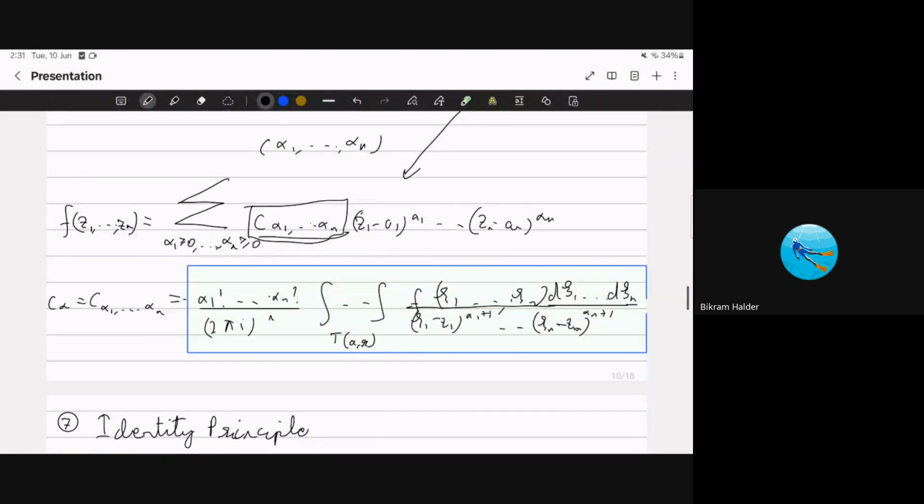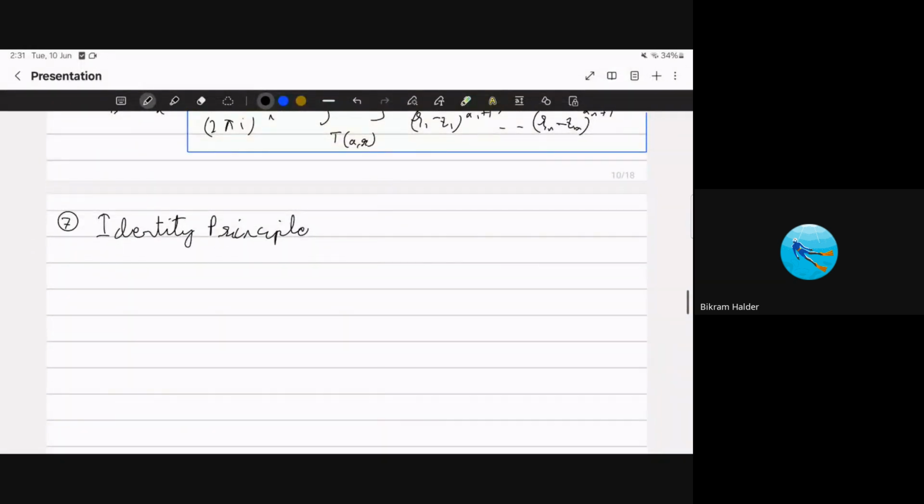So analyticity holds. Now we come to the identity principle, which is a very powerful application of the power series, or the fact that holomorphicity implies analyticity in the one variable case.